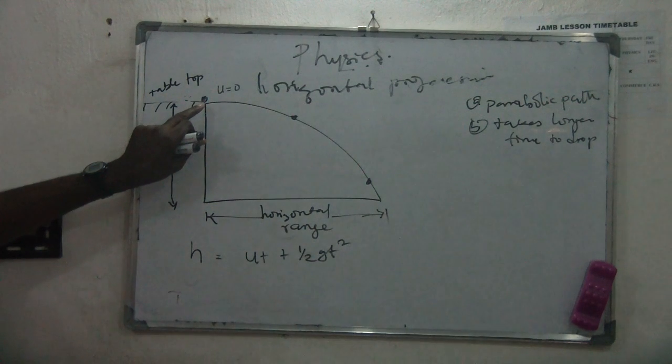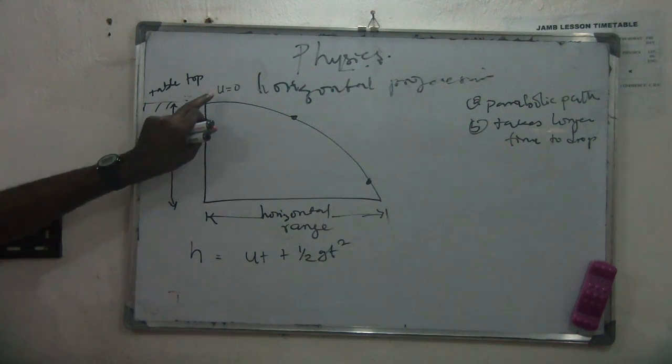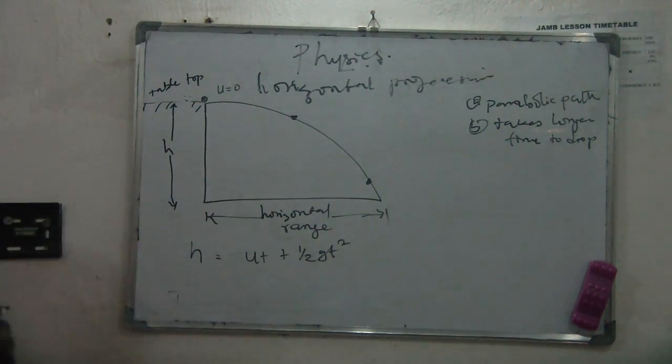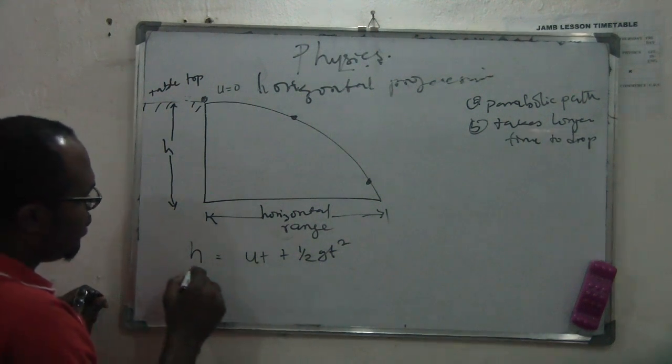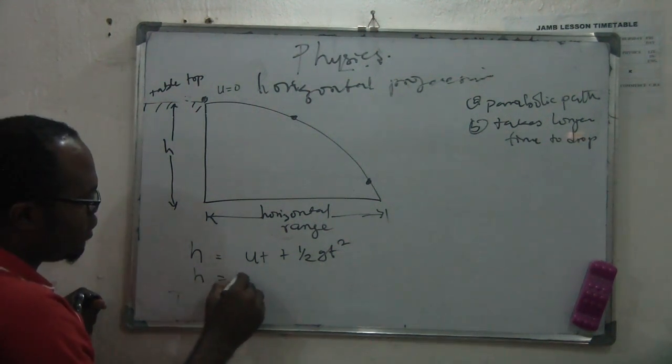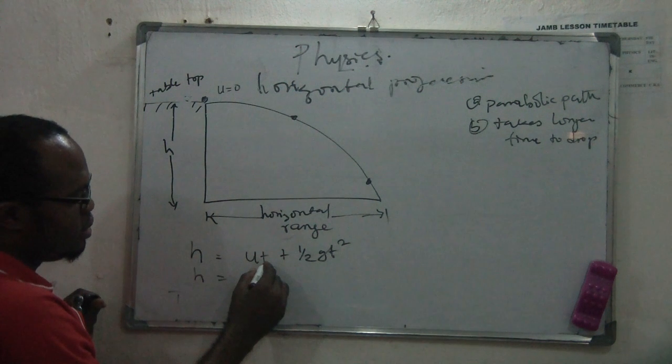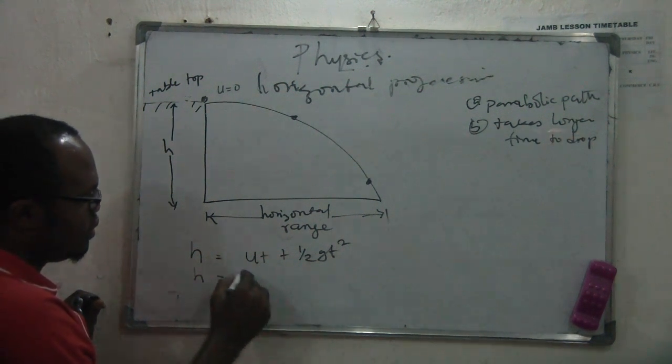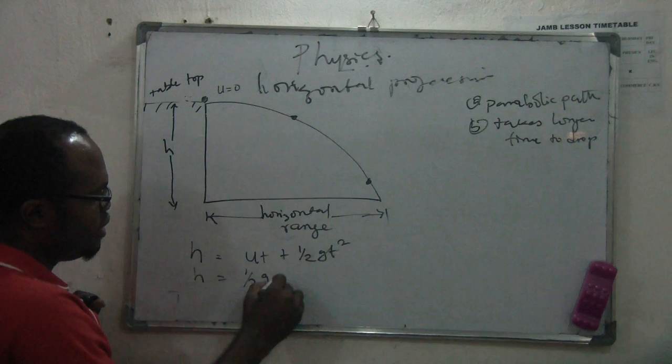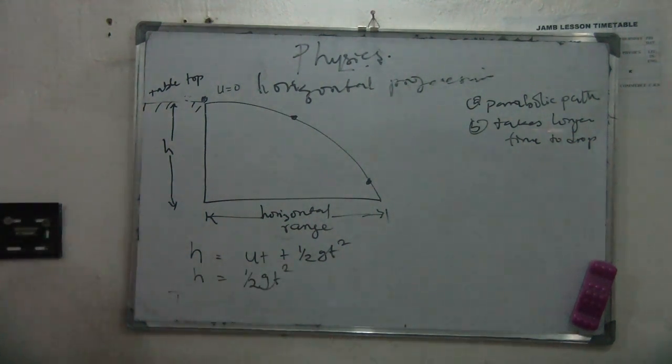At this point, velocity will be 0, because it has not started moving. So if you get u to be 0, this equation will be what? h is equal to 0 times t, which will be 0. So it will just be half gt squared. h equal to half gt squared. Is that clear?